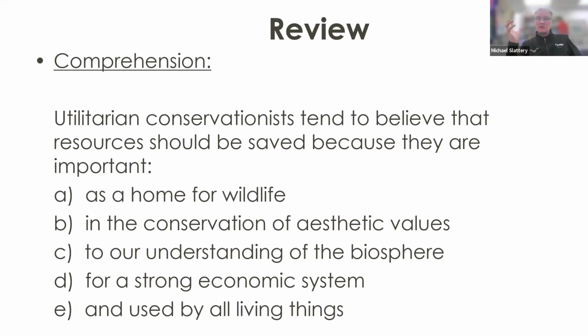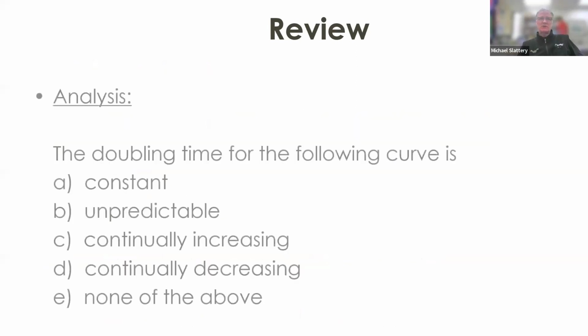It's a comprehension question because you need to understand what utilitarian conservationism is. Remember, that is pragmatic resource conservation, the foundation of Roosevelt and Pinchot's philosophy that resources should be used for the greater good for the here and now. The only realistic answer there is D, for a strong economic system. So that's what a comprehension question looks like.